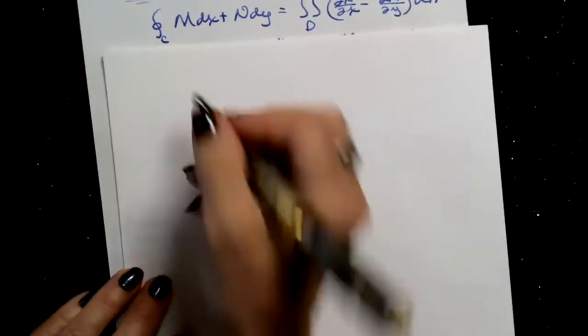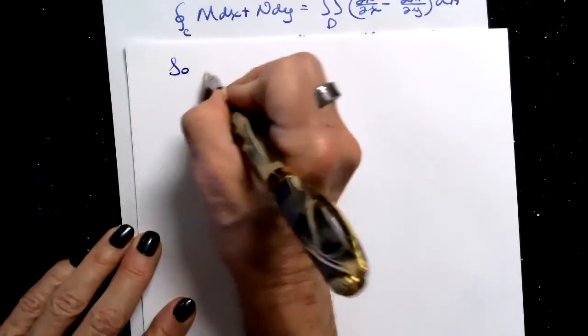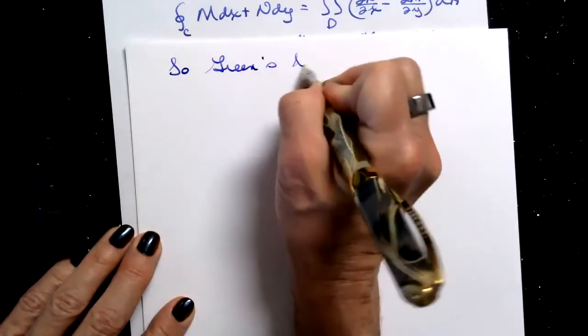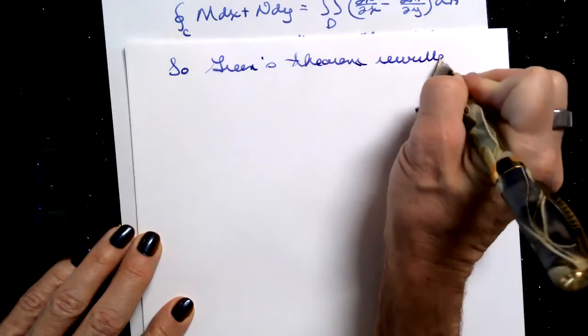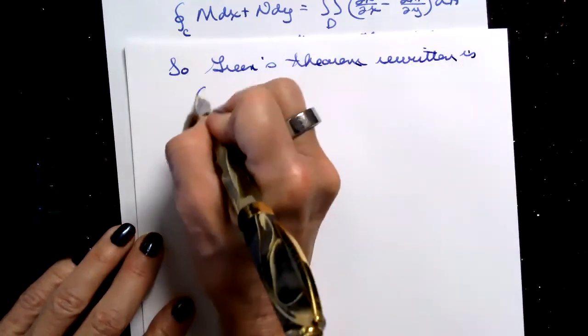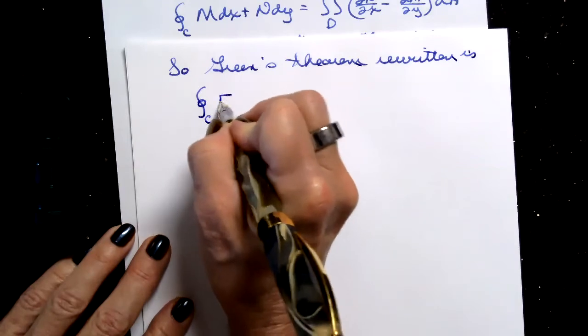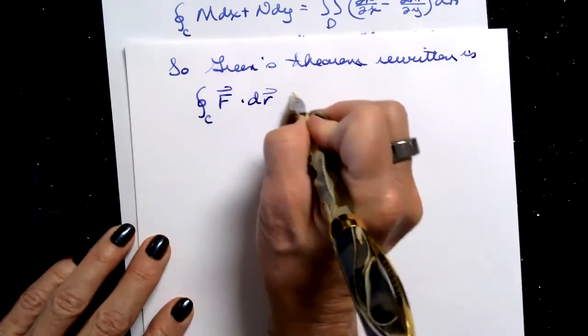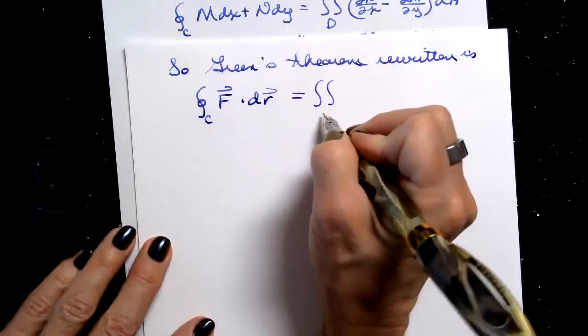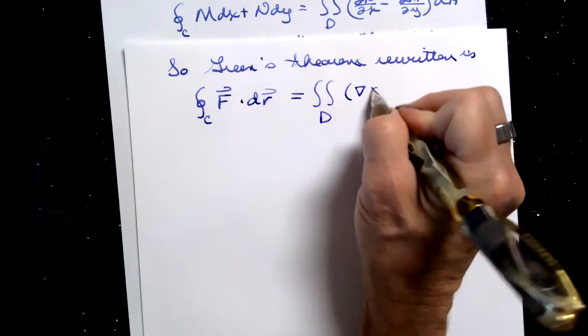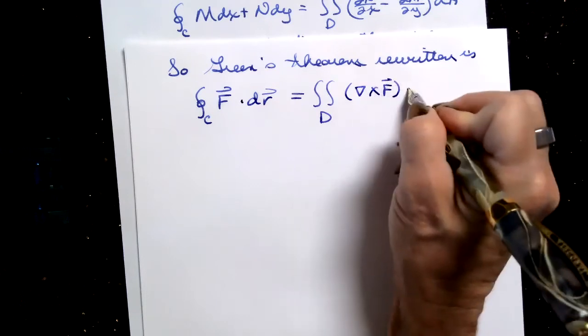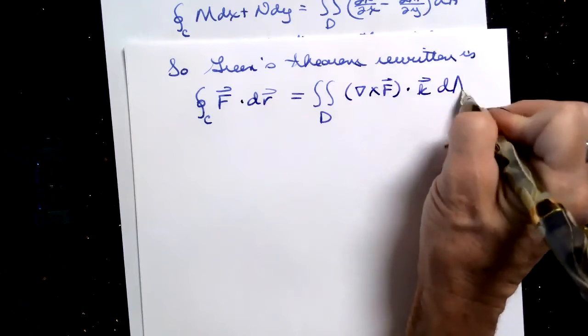So notice, rewriting Green's theorem, then we have the integral along the closed curve C of F dot dr is equal to the integral over D of the curl of F dotted with k dA.